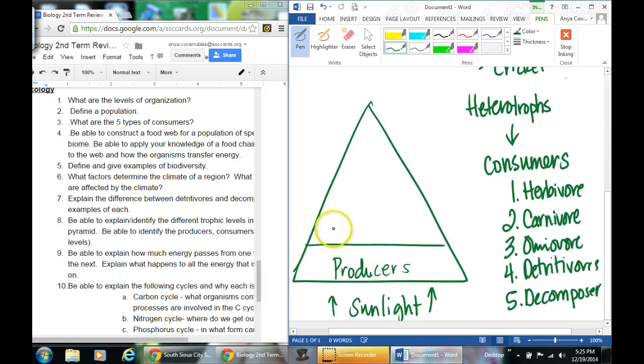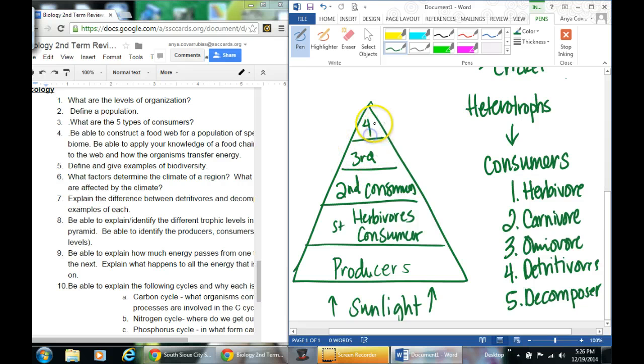Then we're going to have our first level consumers, so this is obviously our herbivores. Then we're going to have our second level, which is going to be our second consumers, and then we might have third, and then we could even have fourth, and we're always going to be up here. This is us, we're at the top.